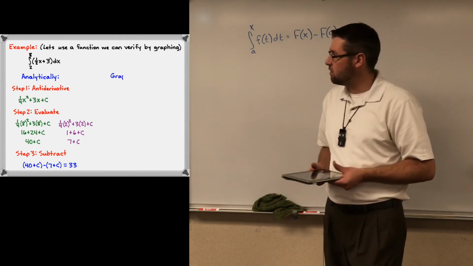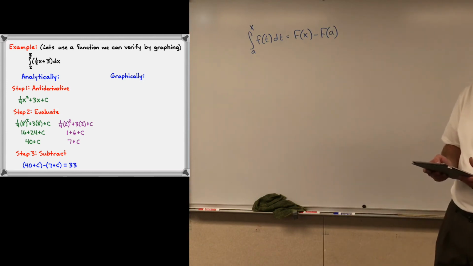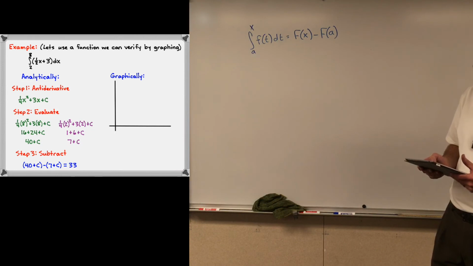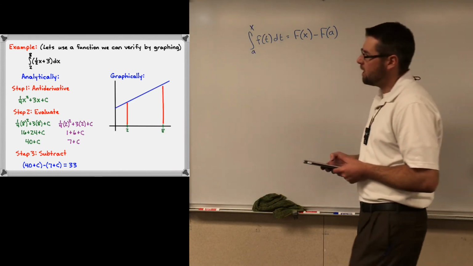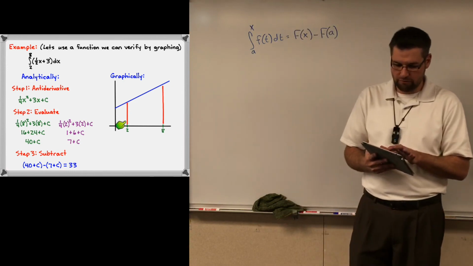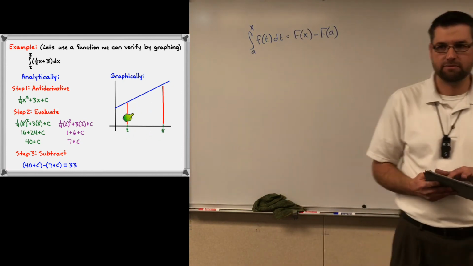Let's do this graphically, though. We have a line with a y-intercept of 3 and a slope of 1/2. So we're looking for the integral from 2 to 8. How do I find the area of that?